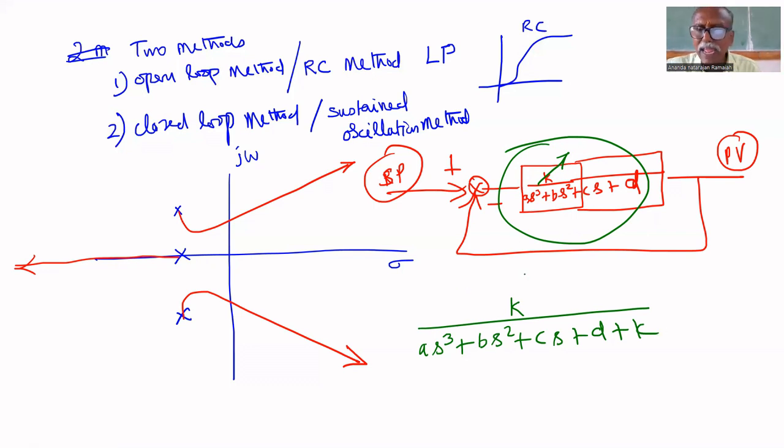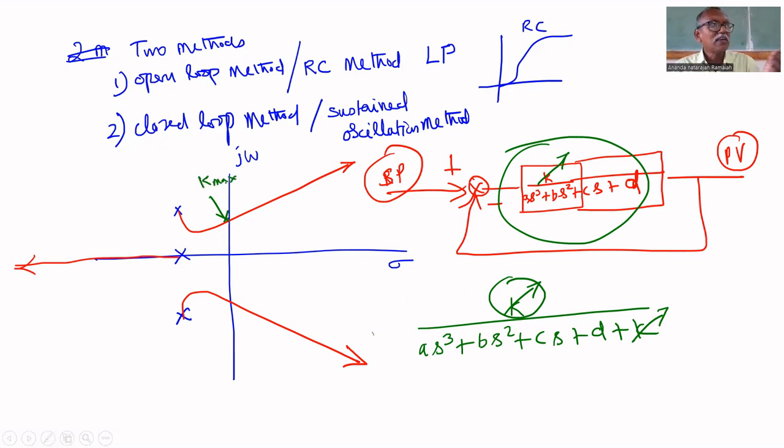If you vary K, the denominator poles are moving. That is root locus. If poles are on the right hand side, the system is unstable. So even though you are varying the numerator K, the system becomes unstable. At this point, that value is called K max.